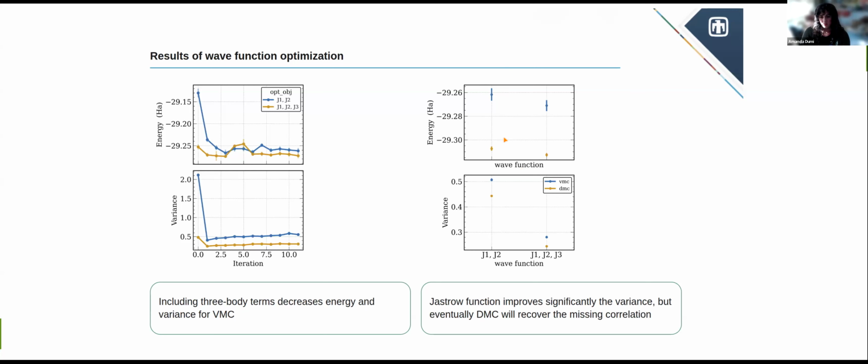By the time you get to DMC, your Jastrow factor shouldn't matter anymore. DMC should be the equivalent to having the perfect Jastrow factor. However, it can affect things like your statistics. So you want to make sure that you're going in with something reliable into DMC, in terms of, one, the efficiency, and two, the potential impact it can have on estimators as well.